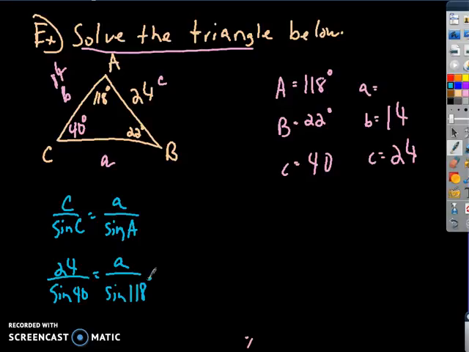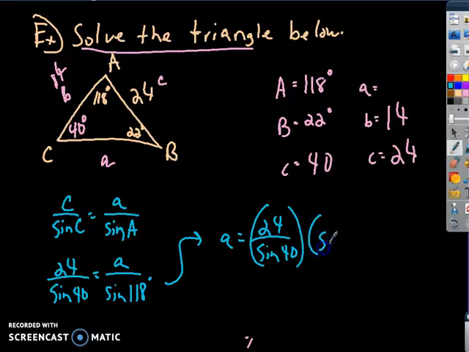And you're going to cross multiply. So after you cross multiply, a should equal 24 over sine of 40 times the sine of 118. You plug that in directly, because when you cross multiply, this basically goes up and multiplies by that 24.